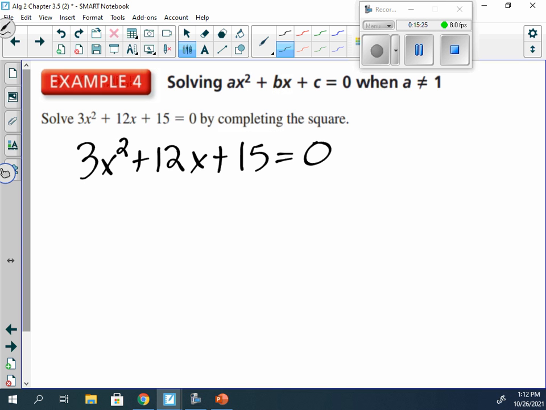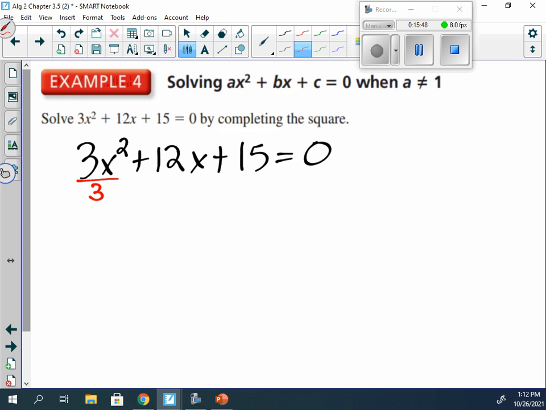And exactly, here we have 3, A is 3. But we need it to be 1. So what can I do to make the value in front of x squared be 1? We would divide by 3. 3 divided by 3 is?